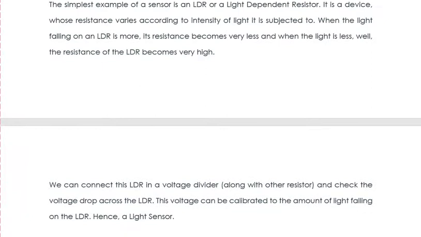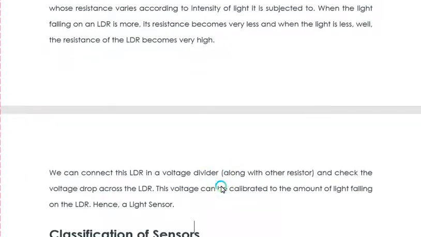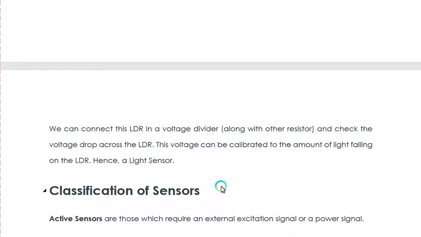So we can connect this LDR into a voltage divider along with other resistors and check the voltage drop across the LDR. This voltage can be calibrated to the amount of light falling on the LDR, hence a light sensor.